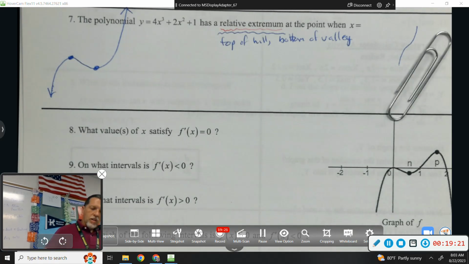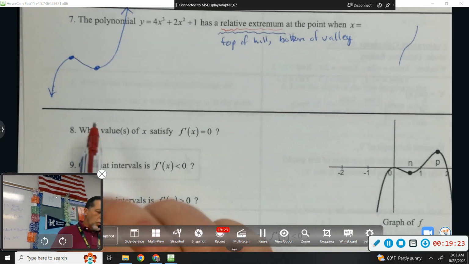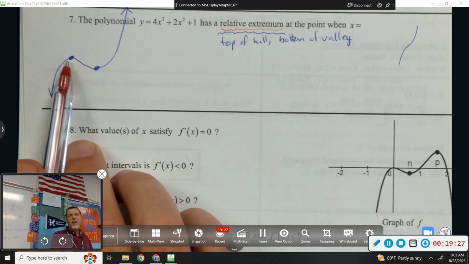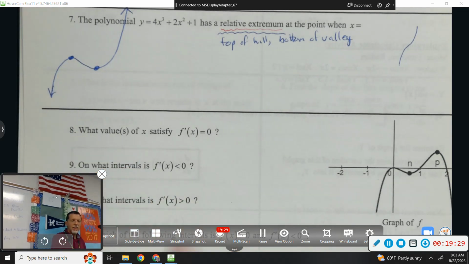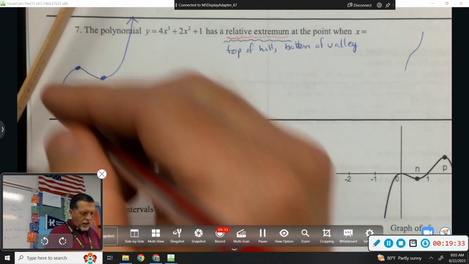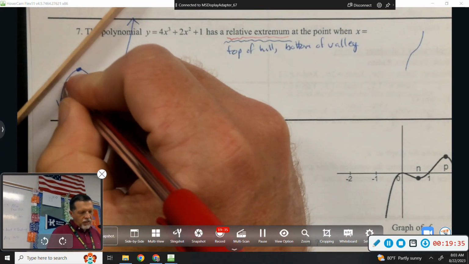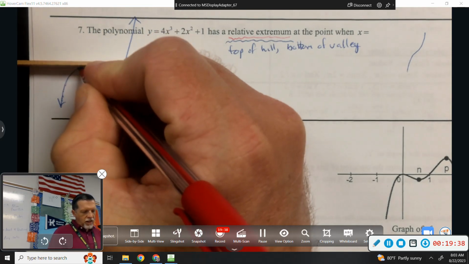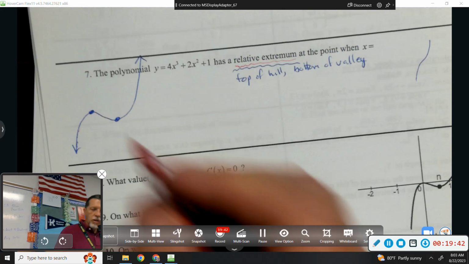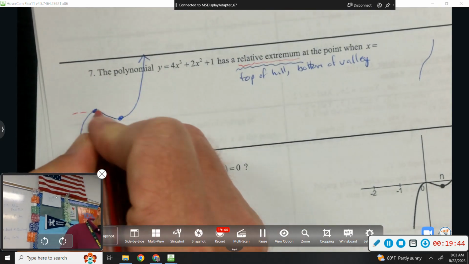Okay, here's the big connection. What's the slope of a tangent line at a peak or a valley? If I put a tangent line on there, the tangent line sort of traces out where the curve is. So the tangent line at the top of a hill is 0. Or the slope of a tangent line is 0.